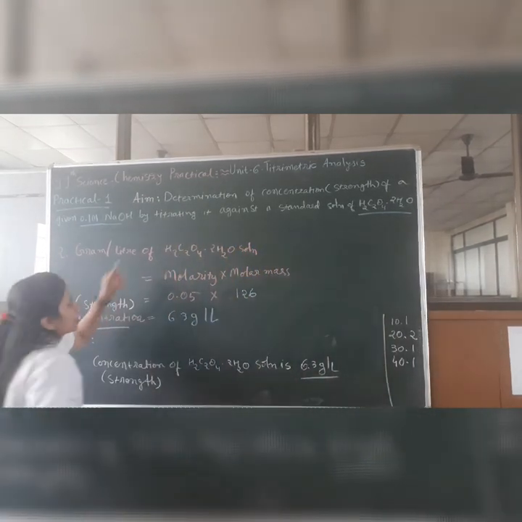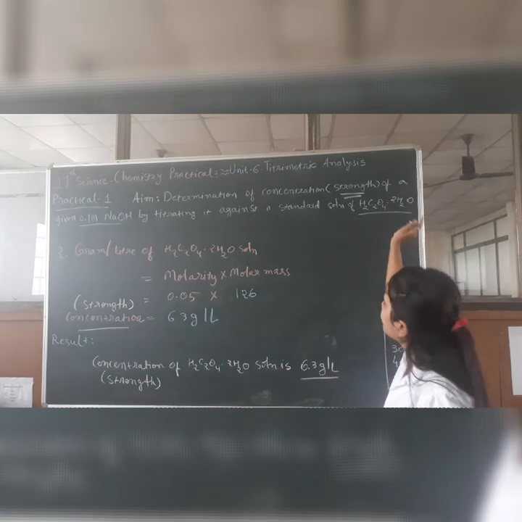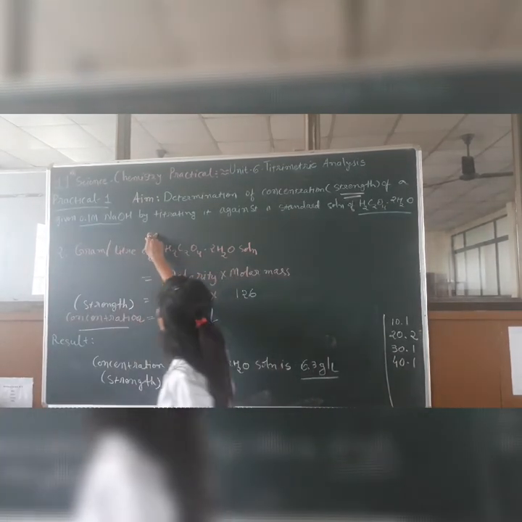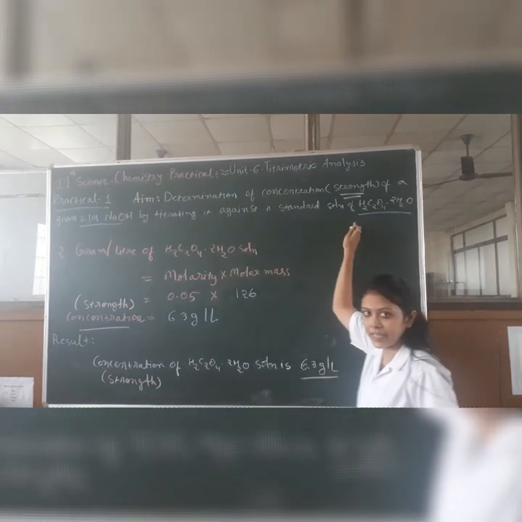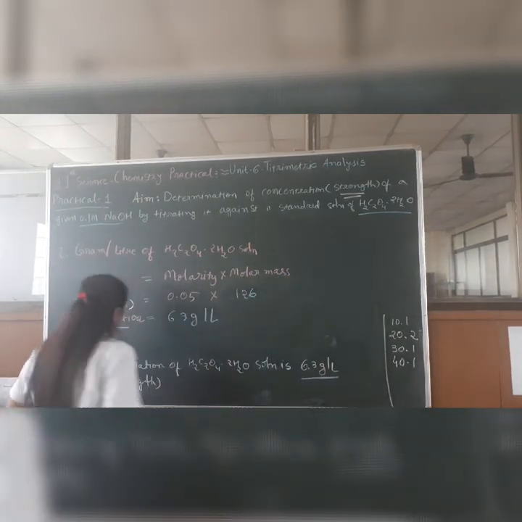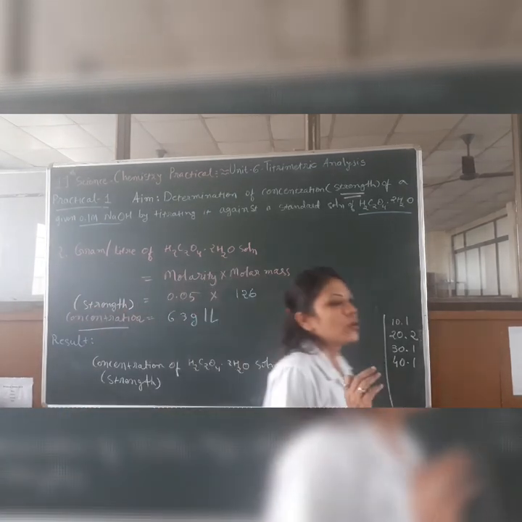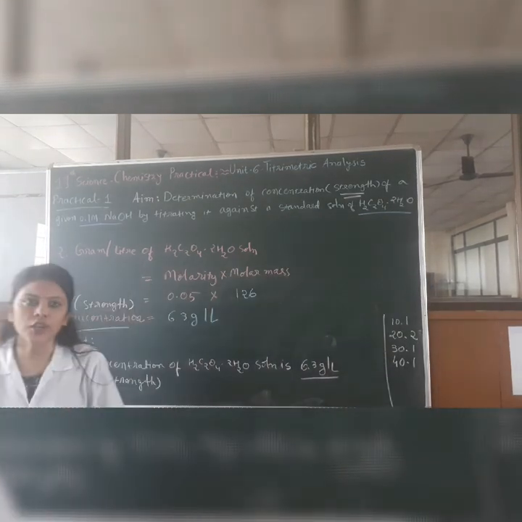What is our aim? Determination of concentration, strength. We have to find the strength of the given 0.1 molar NaOH by titrating it against the standard solution of oxalic acid. So we have already done the calculation. Till here you have to do all the practicals with the same equation, same procedure, same process.